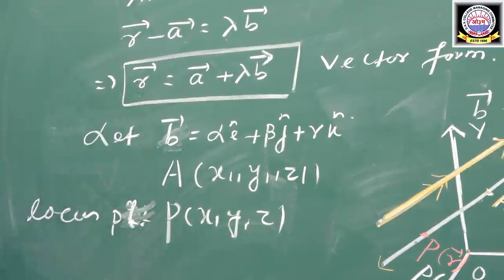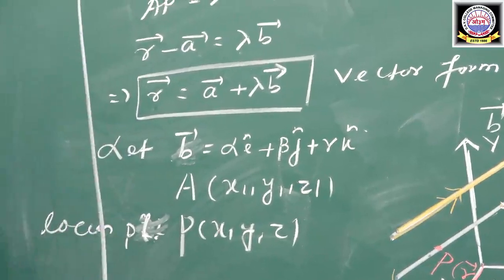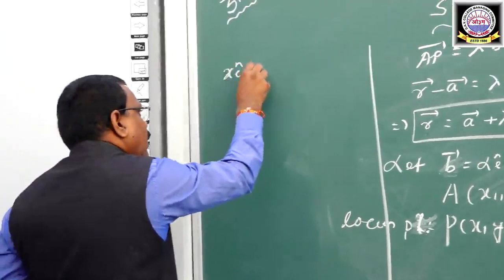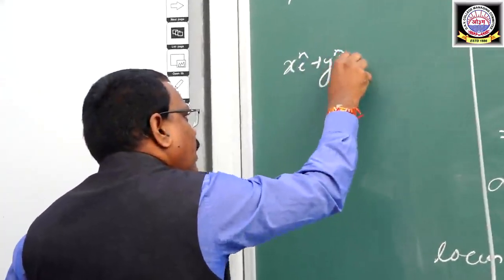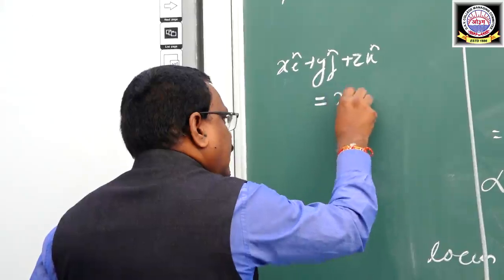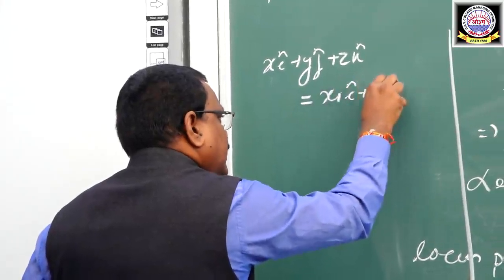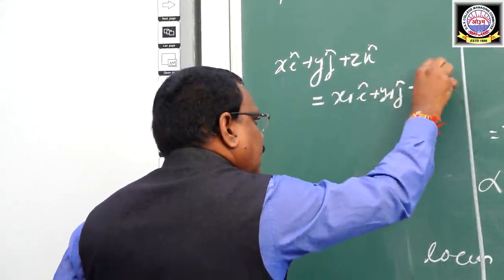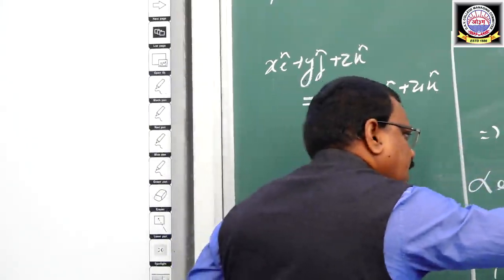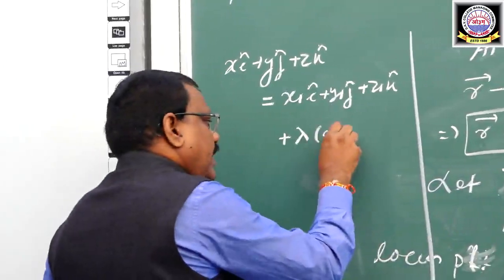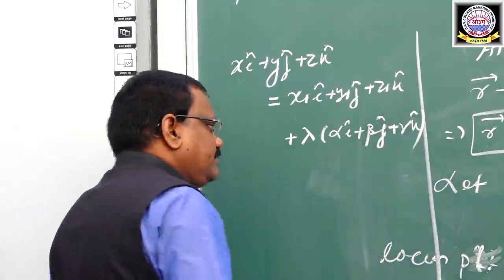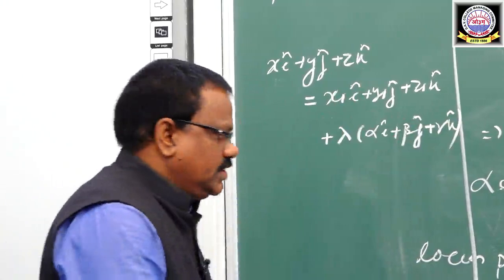In place of r vector, what should I write? R vector is xi plus yj plus zk, equal to A vector, x1 i plus y1 j plus z1 k, plus lambda times B, that is alpha i, beta j, gamma k. So I have replaced all those things.